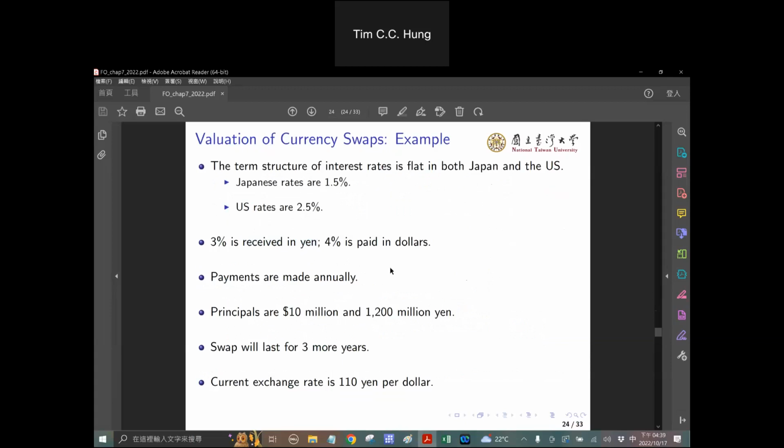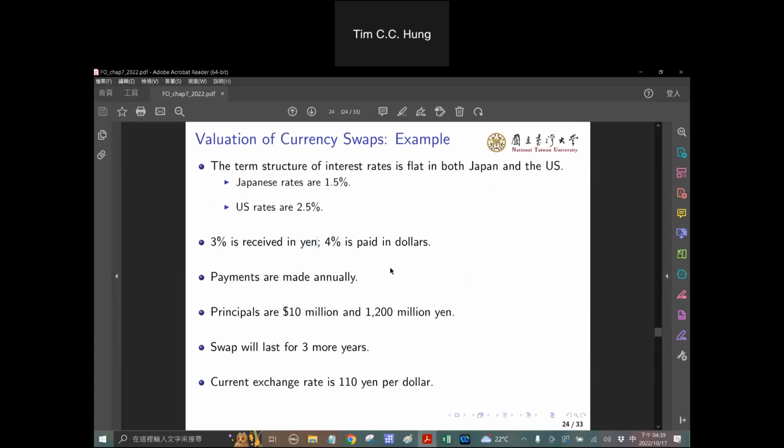So at first we're going to get 10 million US dollars, and then we're going to pay out 1,200 million Japanese yen.